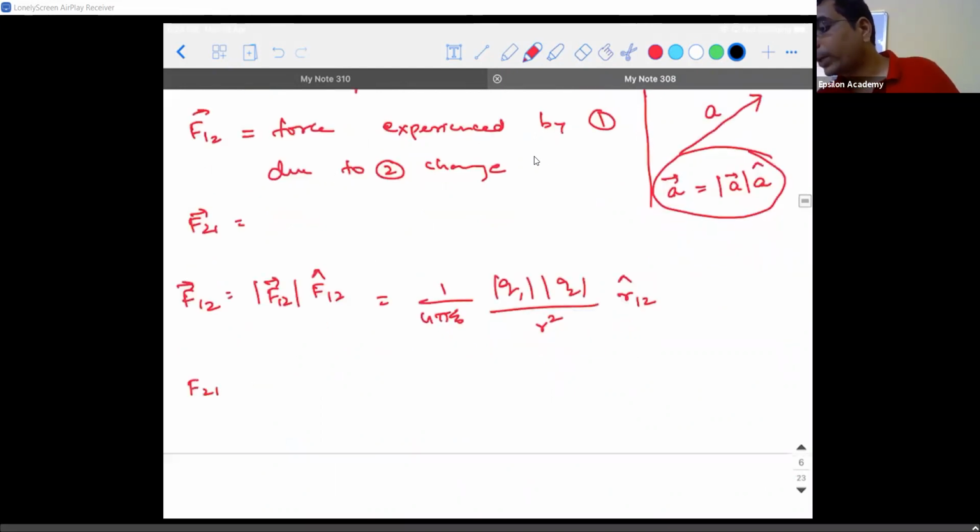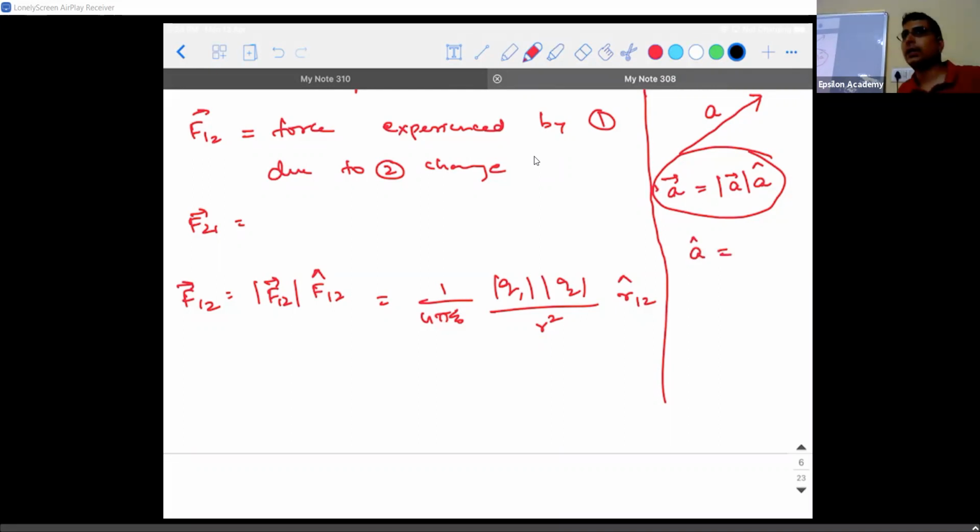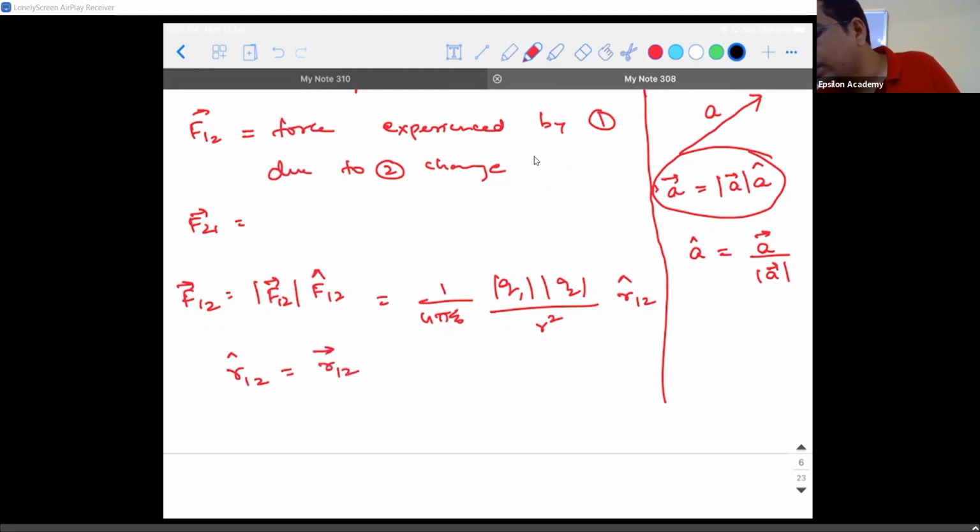Similarly, A cap is A vector divided by magnitude of A vector. Then R12 cap will be R12 vector divided by magnitude of R12.